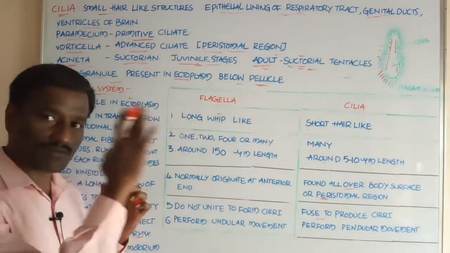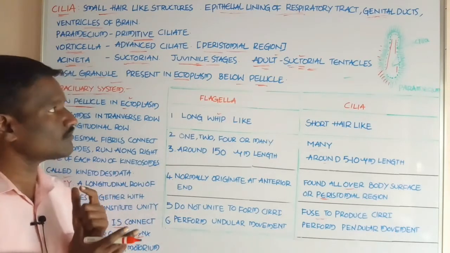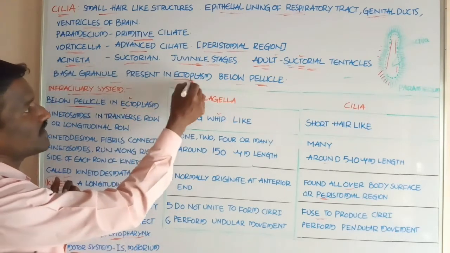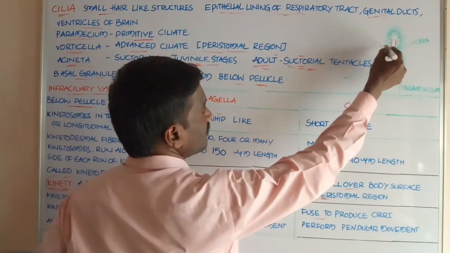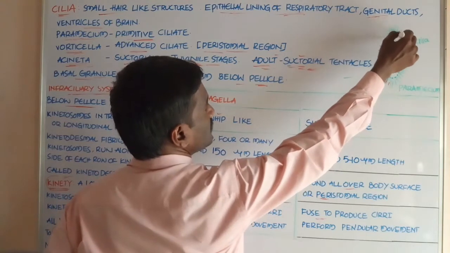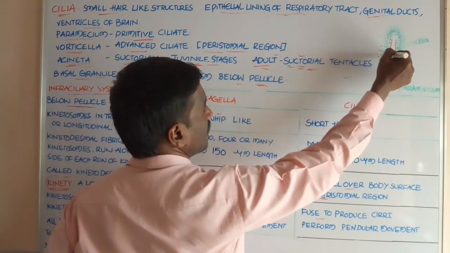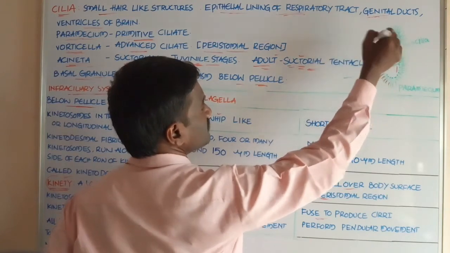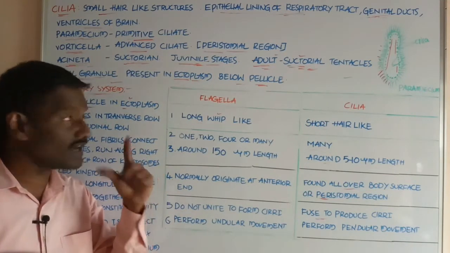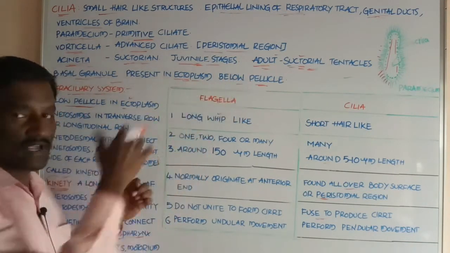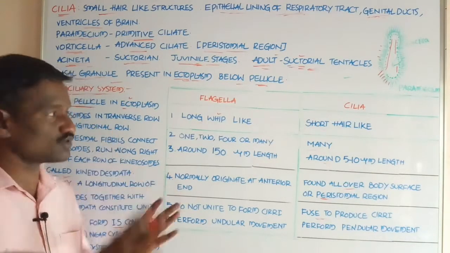Cilia arise from the basal granule, also called blepharoplast or kinetosome. The basal granule is located in the ectoplasm. Each one of the cilia arises from a basal granule, a dot-like structure, present in the ectoplasm below the pellicle. Pellicle means the plasma membrane which surrounds the body of the protozoan.